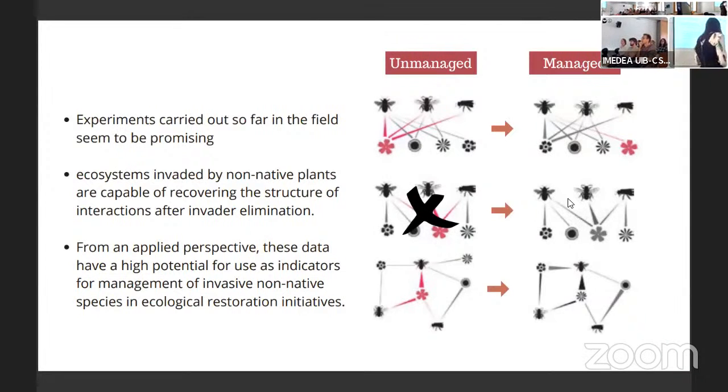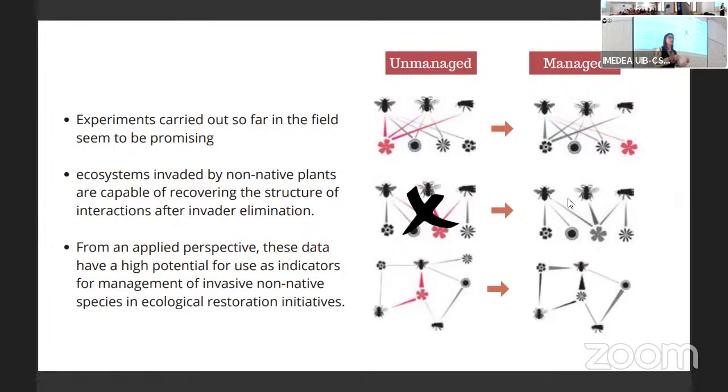So, some conclusions. Experiments carried out so far in the field seem to be promising. We have examples with plant pollination, and we have one example with seed dispersal, and all of them seem to be promising for the removal of invasive plants. We can see that ecosystems invaded by non-native plants are capable of recovering the structure of interactions after invader elimination.